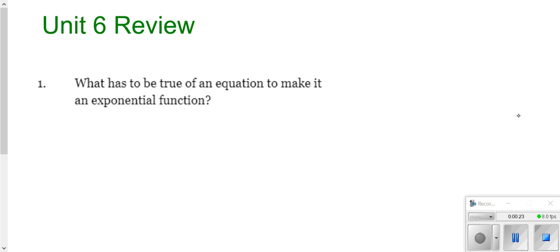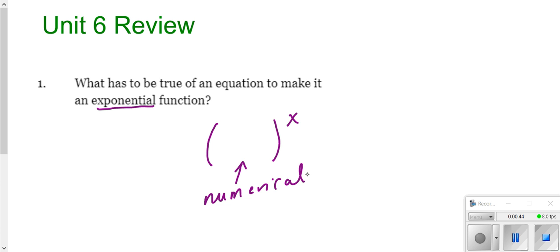The first question says, what has to be true of an equation to make it an exponential function? So an exponential function is one where you have a variable that is up in the exponent position, and then this part here is something that is numerical, like a regular number, and then your independent variable is up here.